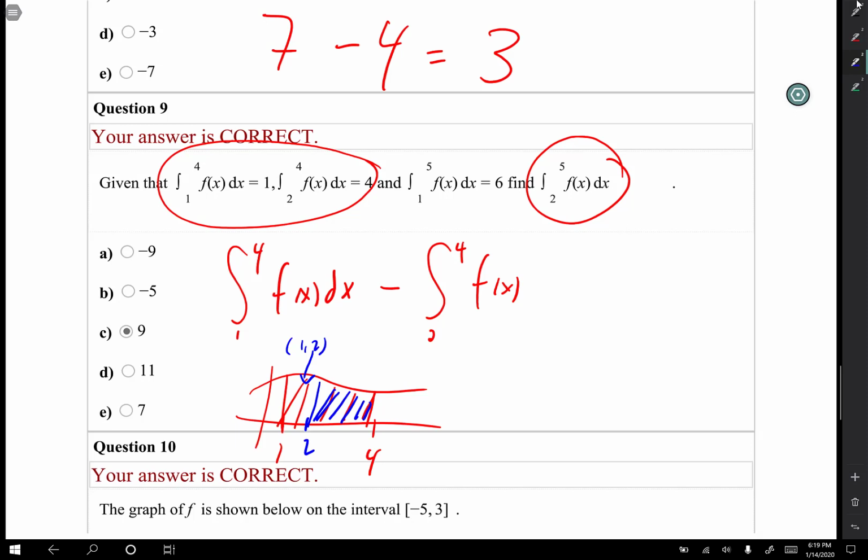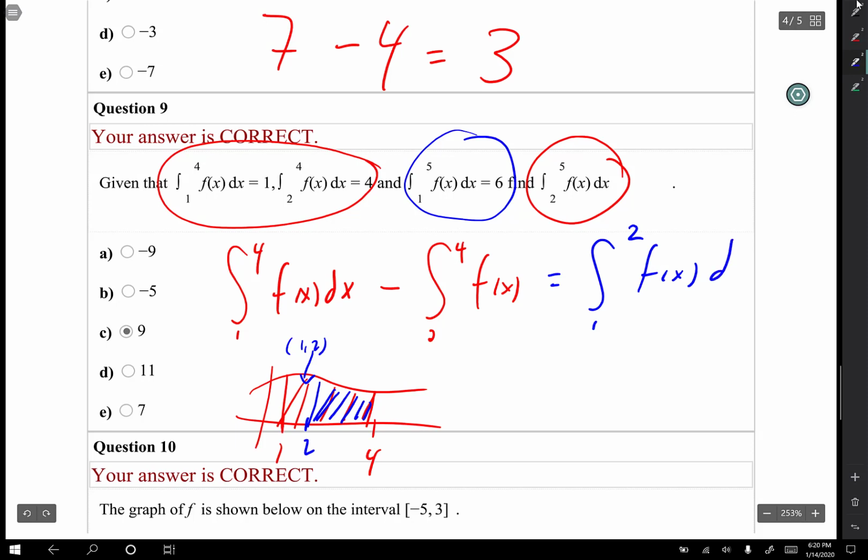Yes, that's what I want. So let's see what that is first. 1 to 4 is 1, so 1 minus, and then 2 to 4 is 4, so I have negative 3. So that's what this guy is, negative 3.